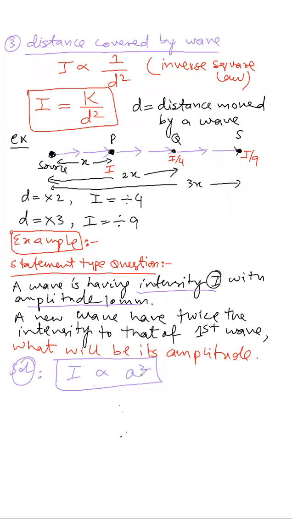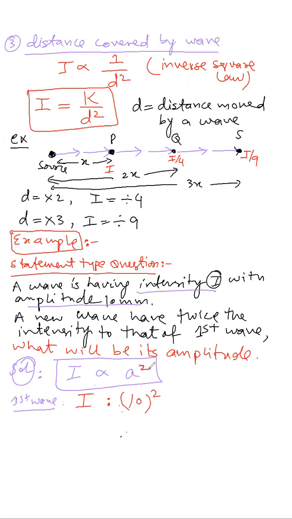So I proportional to A square. Then you will collect the data. For the first wave, the intensity is I, and you can use a ratio sign for the proportionality sign. So what's the amplitude? 10. Make sure to take it square because it's amplitude square.